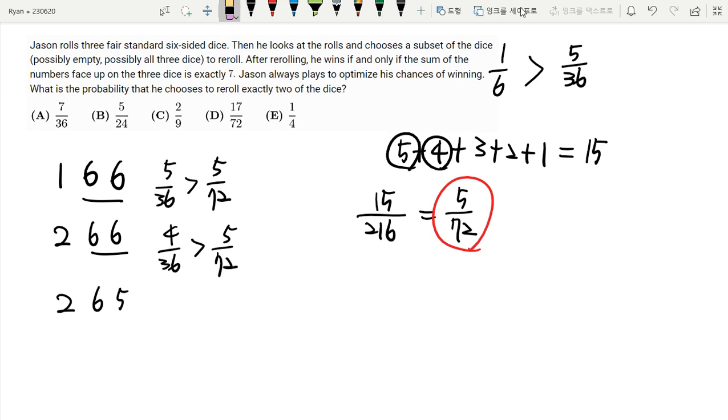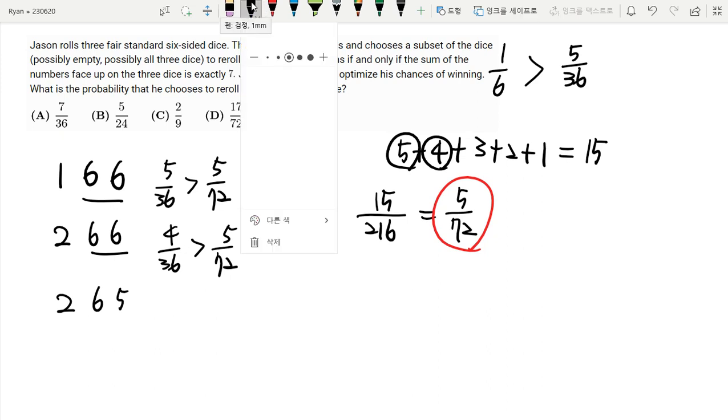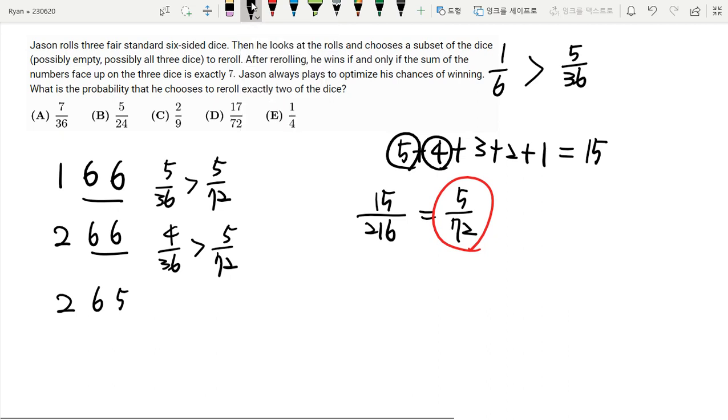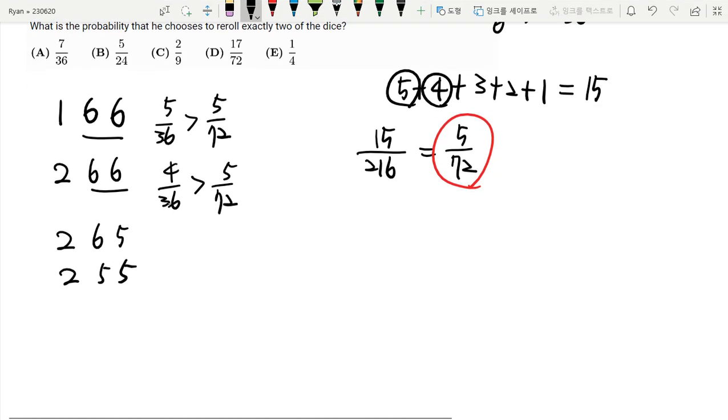This case too, still the sum of the two dice is greater than or equal to 7, so he will choose to throw 2 dice.